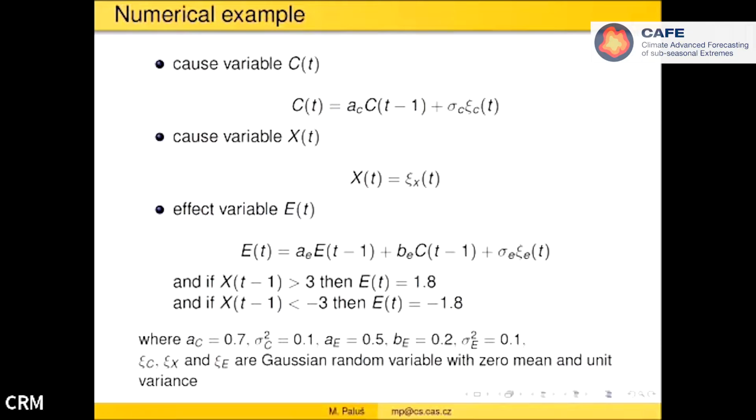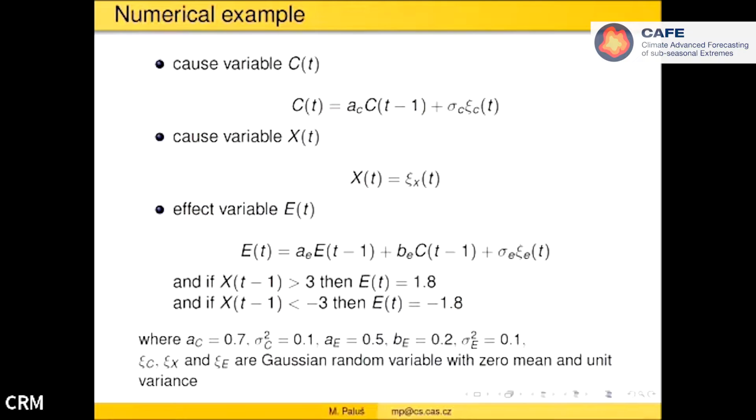I will show you one numerical example. We define variable C as a cause, just a simple AR1 process, where C_t is a function of its previous state and noise, and the other variable X will be just Gaussian noise. And now we define the effect variable E_t.